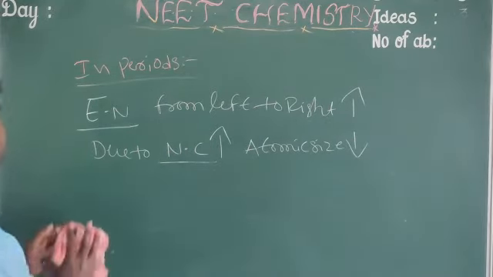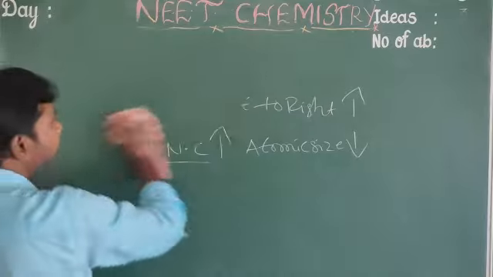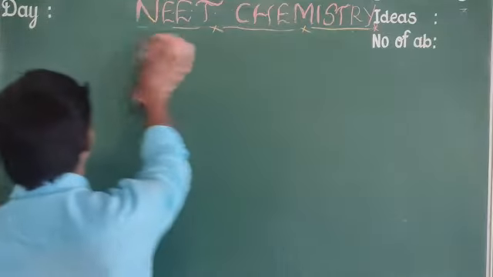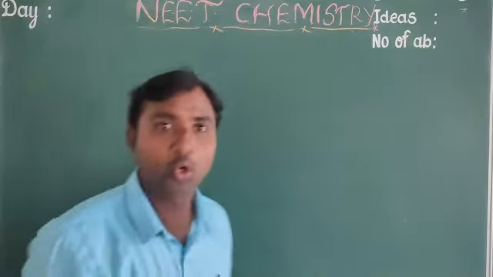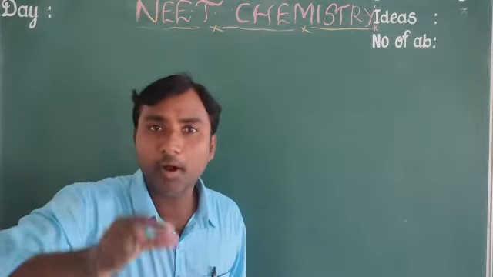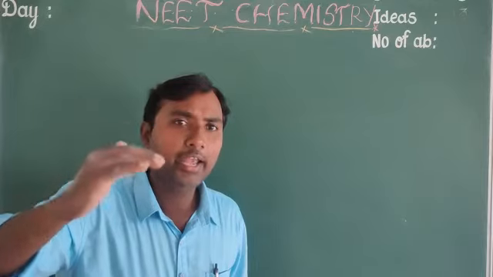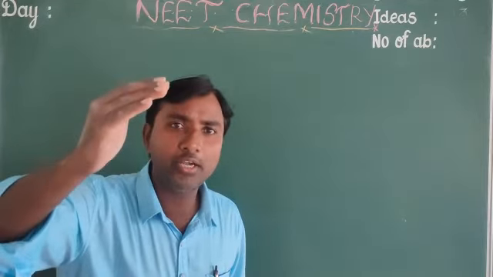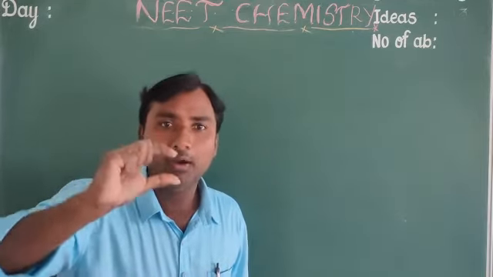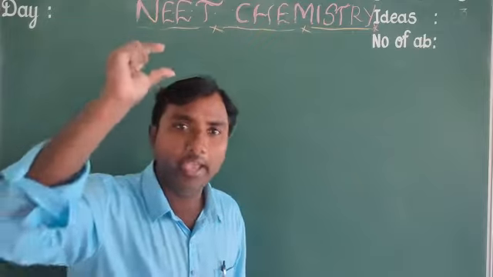Then in groups, generally electronegativity decreases from top to bottom, because in any group from top to bottom the effective nuclear charge decreases while atomic size increases.